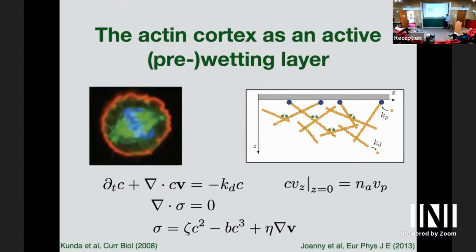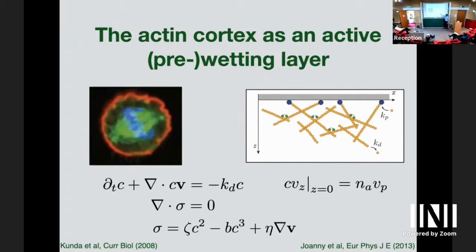For that, we again have mass conservation, where now we have to add something to the right-hand side, so source and sink terms, because our cytoskeleton is depolymerizing at a rate kd. And of course, if we had only this one and no source term, then the asymptotic state would be very simple, but also very boring. There would be just nothing there.